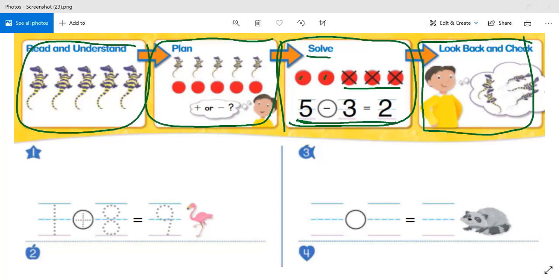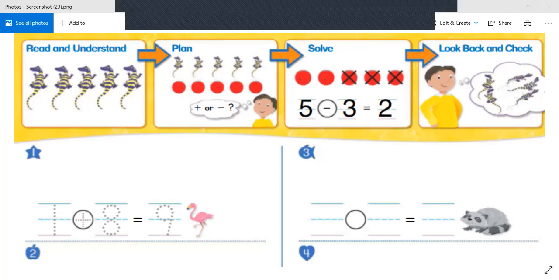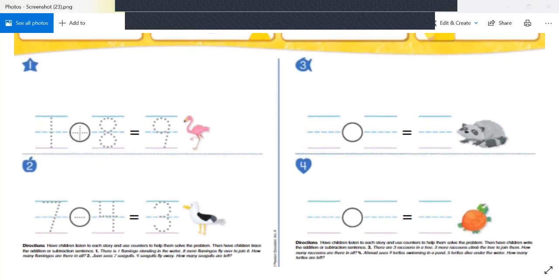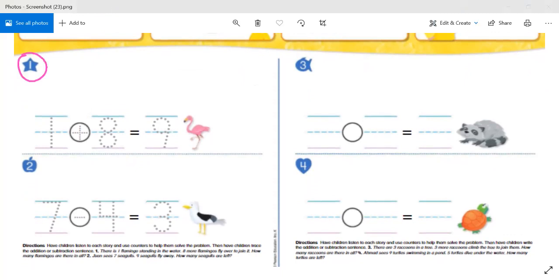Let's move our paper up and go to our first problem. Number 1. Okay, you're going to listen to the story and use counters to solve the problem.